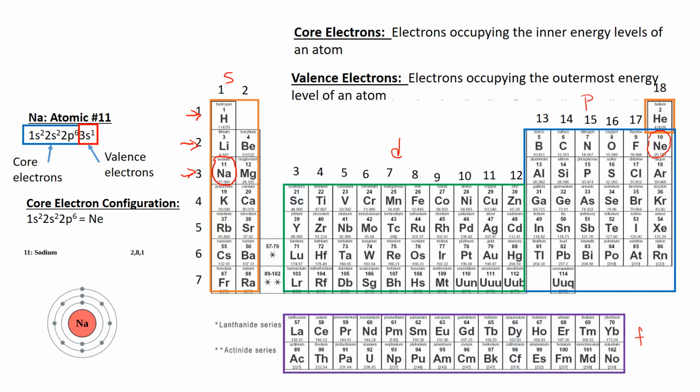Our noble gas shorthand for the electron configuration for sodium would be neon. We put the symbol for neon in brackets, saying the core of this particular electron configuration is neon. And then on the outside, we've got our valence electrons in that outer ring, represented by one electron in the 3s orbital. And this is your noble gas shorthand for your electron configurations.